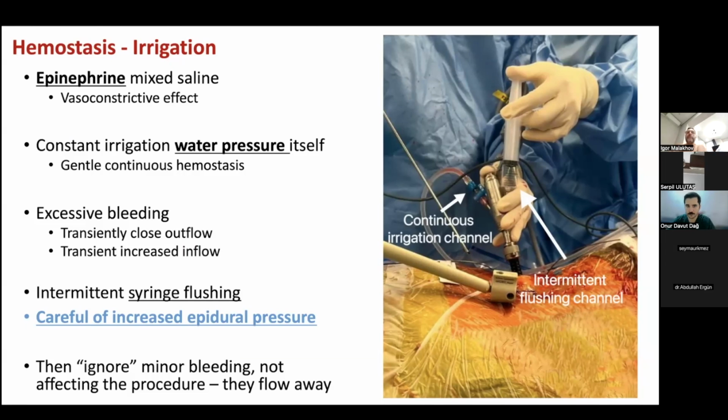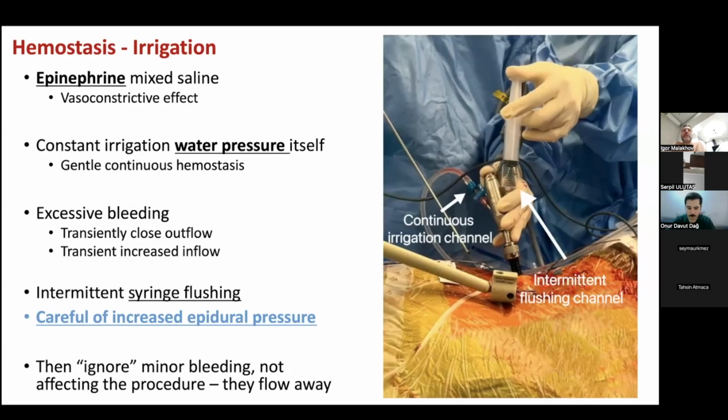Even if you do have excessive or larger bleeding, it can be easily managed by transiently closing your outflow, which increases the epidural pressure and will gently stop the bleeding. If you don't have a view, if you have this all red-turning vision, you can intermittently flush your syringe and it gives you an idea where the bleedings are coming from.